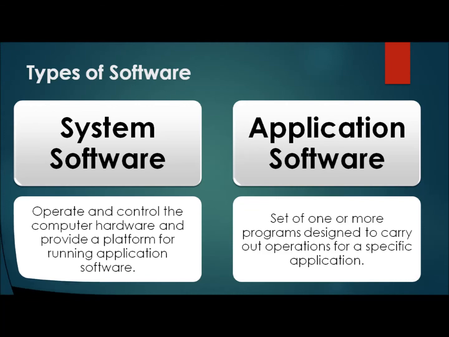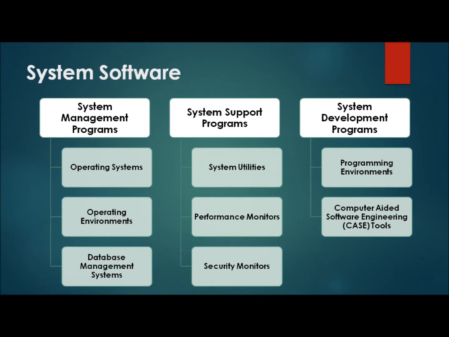We can further divide the system software into system management programs, system support programs and system development programs. System management programs include operating systems, OSs, such as Microsoft Windows, Linux and OS X, formerly known as Mac OS X. And then operating environments.